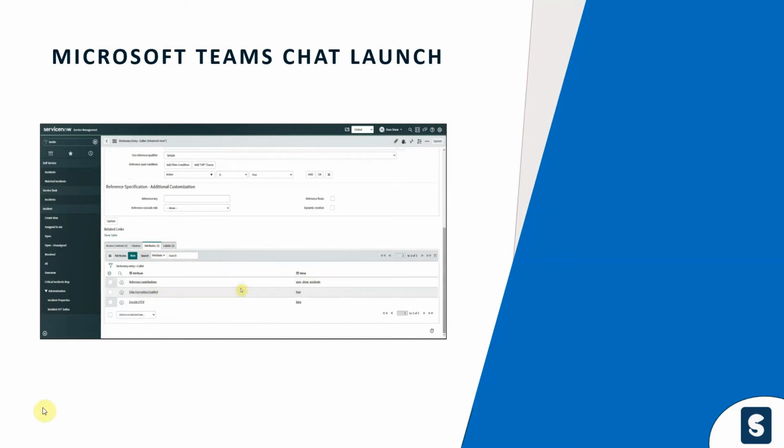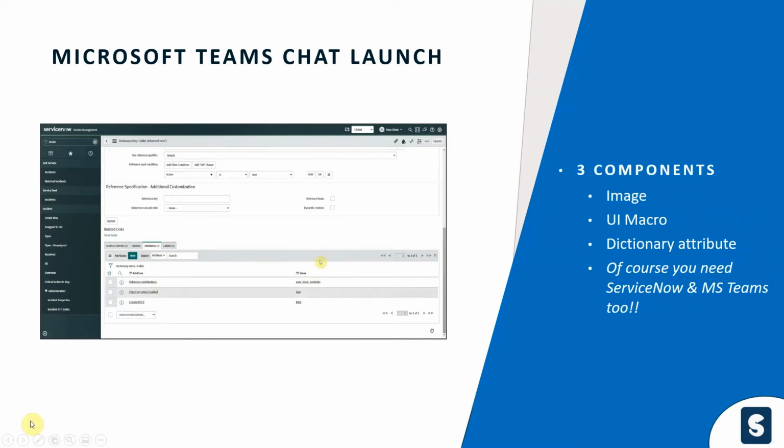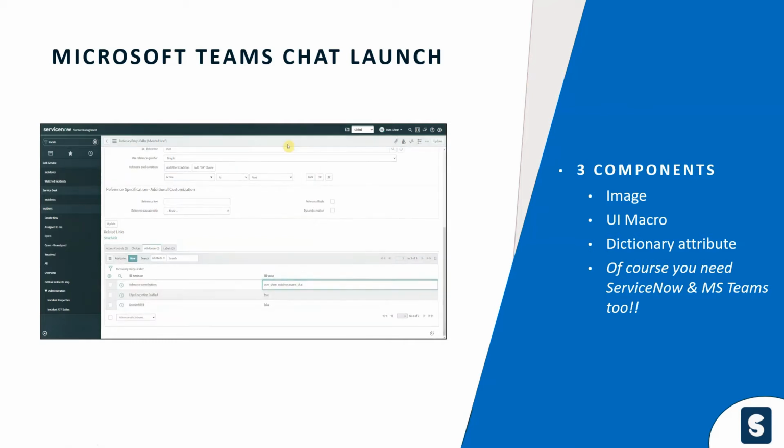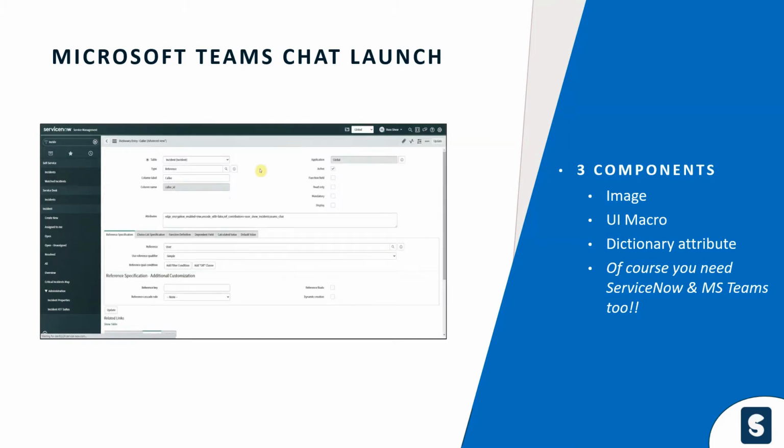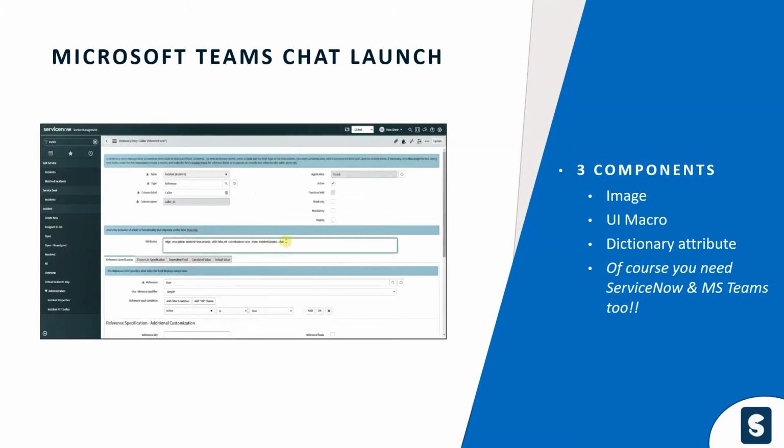So to do this, there's 3 components really that we need to play with. One is we need to find a Microsoft Teams image logo, and we're going to upload that. Number 2 is a UI macro. So we need to say, well, when we click on this logo, what's going to happen? And then we need to make sure that logo appears, in which case we're going to need to add to a dictionary attribute.